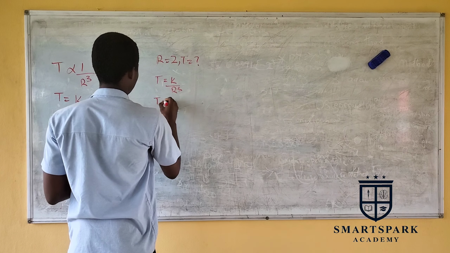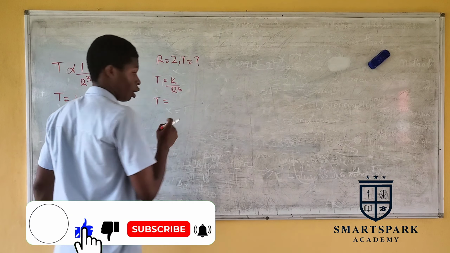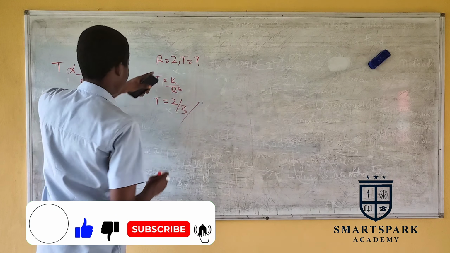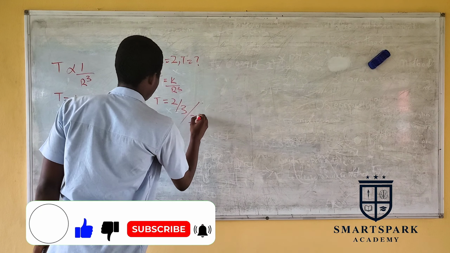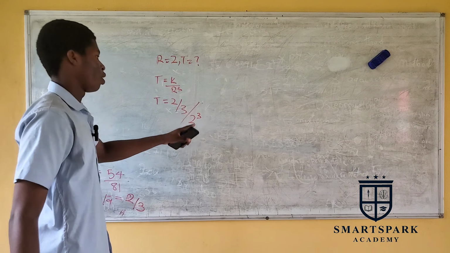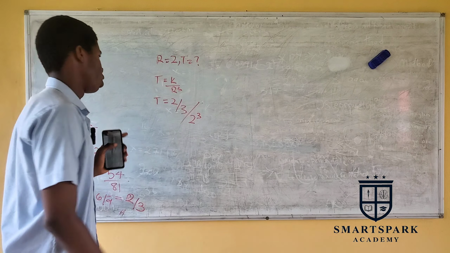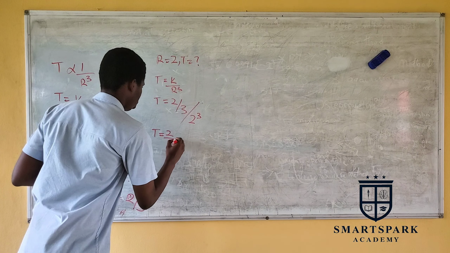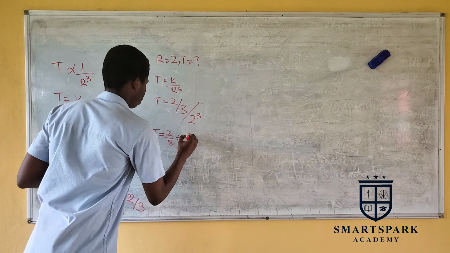So t is equal to, we have gotten our k, which is 2 over 3, and we are given our r, which is 2 cubed. Now we are going to simplify this. 2 raised to power 3 is 8. So t is equal to 2 over 3 divided by 8.